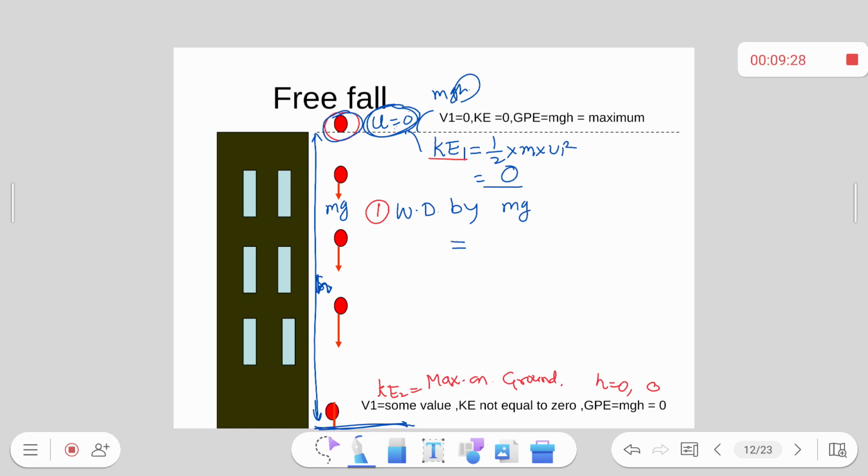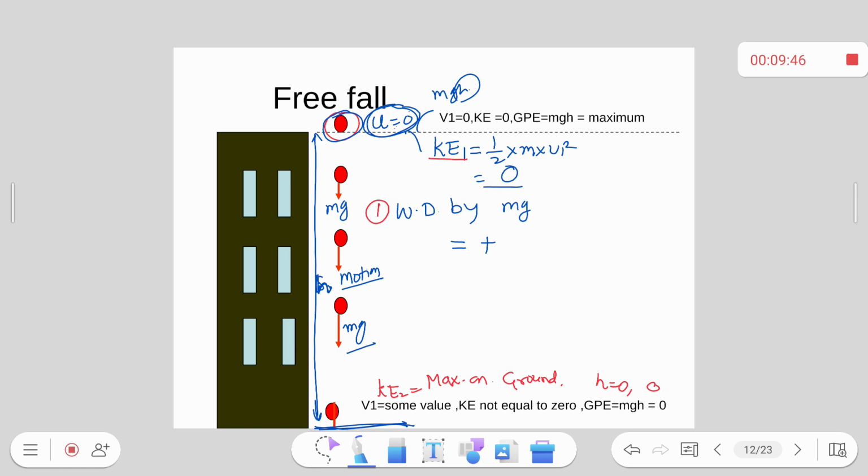So what will be the work done by mg? The motion is downward and the mg is acting downward only. So both force and displacement are in the same direction, that's why it's a plus.